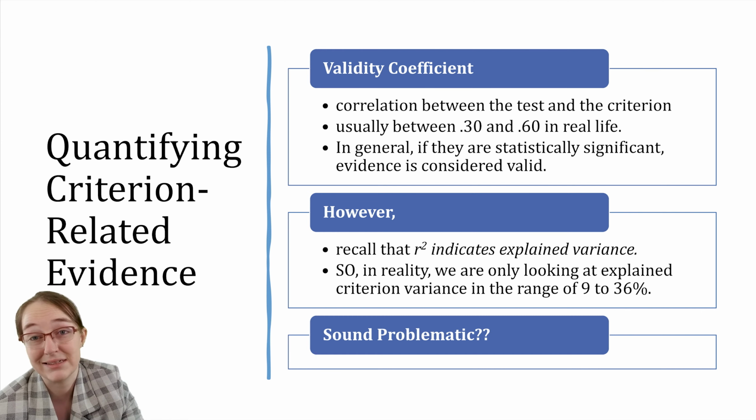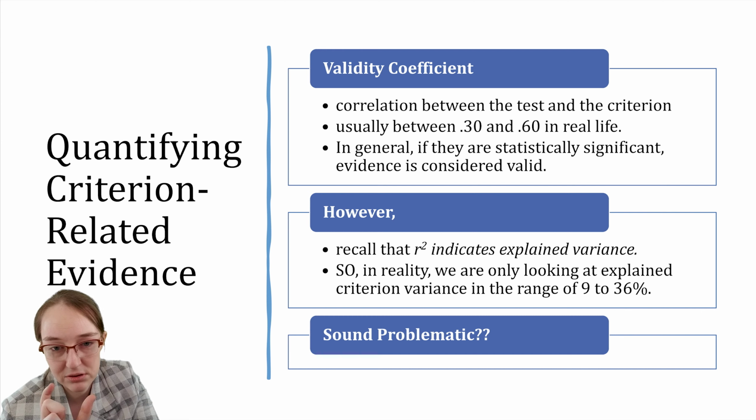But if you have comparable sample sizes and comparable expected results, a bigger correlation, a larger validity coefficient, is more likely to be significant. Now, recall that R squared, which is typically how we evaluate this, is different from the correlation. It indicates variance explained.